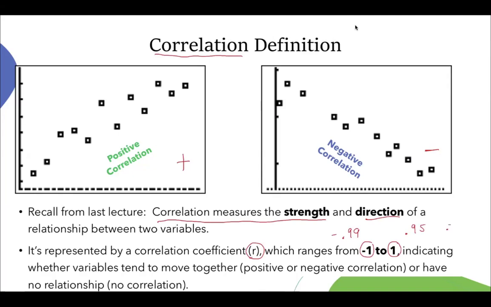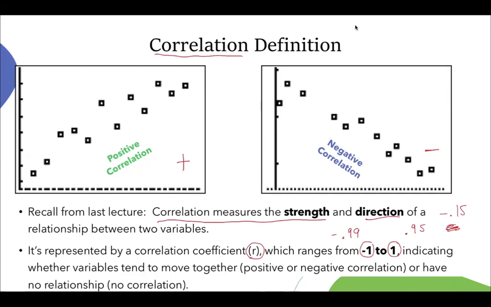Let's look at -0.15. That's pretty close to 0, and so that is a weak negative correlation. And +0.25 is also not very strong. It's not close to +1. So we say that's also a weak correlation, but this time a weak positive correlation, +0.25.